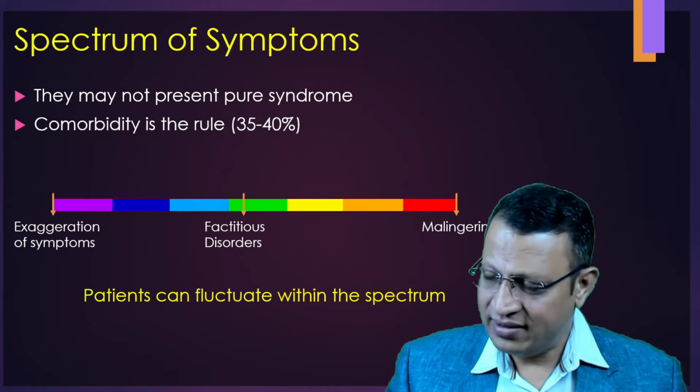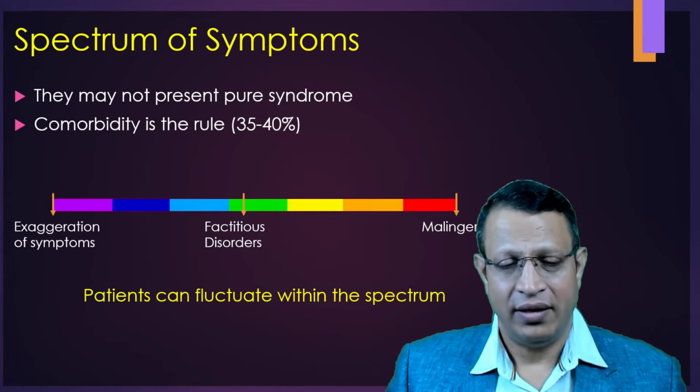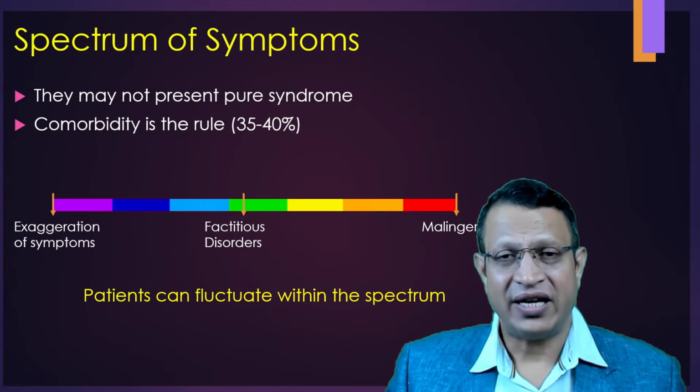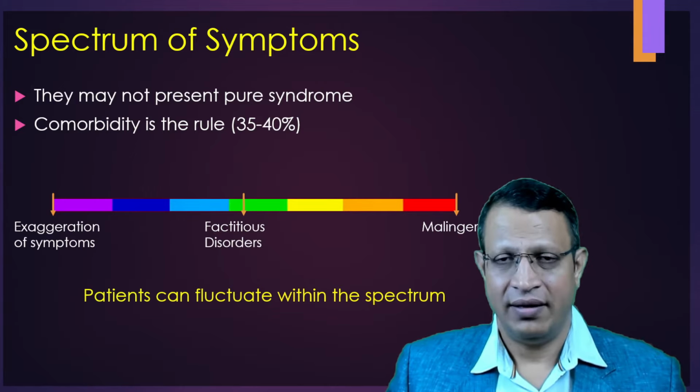If you look at this clearly, there is a spectrum. At one end, exaggeration of symptoms, and in the middle, the factitious disorder, that is, fabrication or production of symptoms without any illness and without any obvious gain. On the other end, there is malingering.